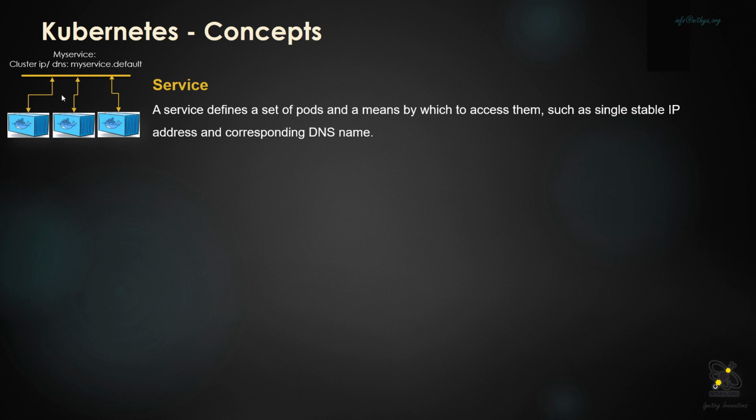Whenever you want to access one of the pods running across the cluster, you access it via DNS names or cluster IPs. So let's see the definition of service. A service defines a set of pods and names by which to access them, such as a single stable IP, that is the cluster IP, and a corresponding DNS name.